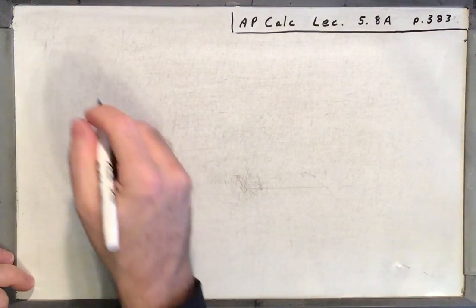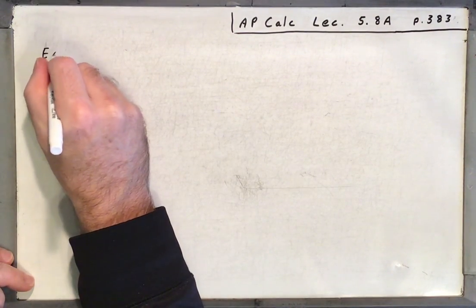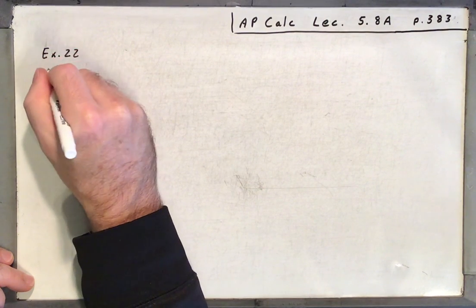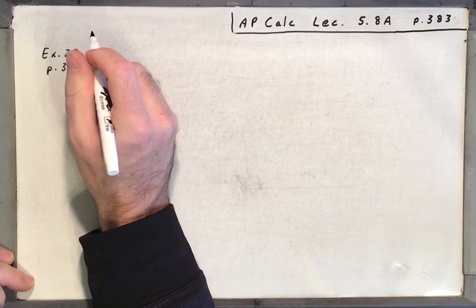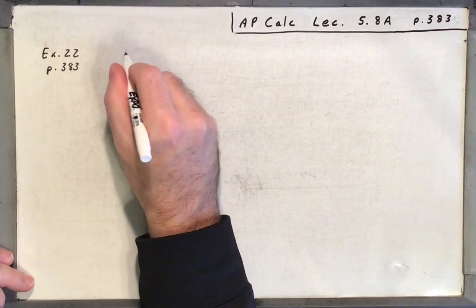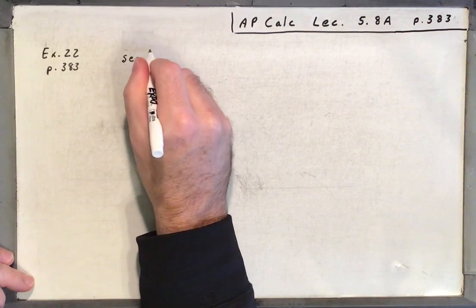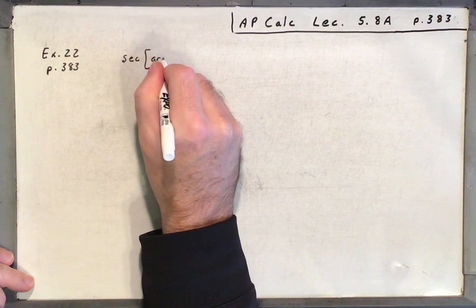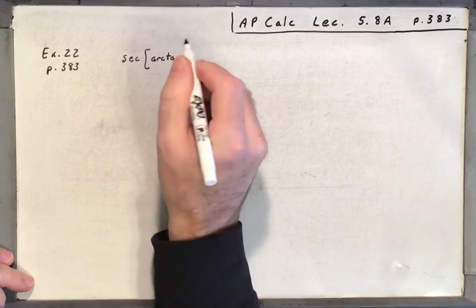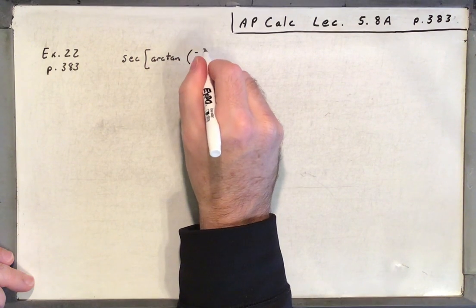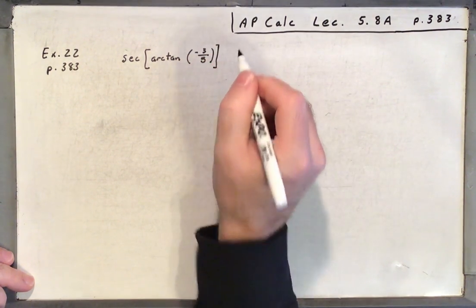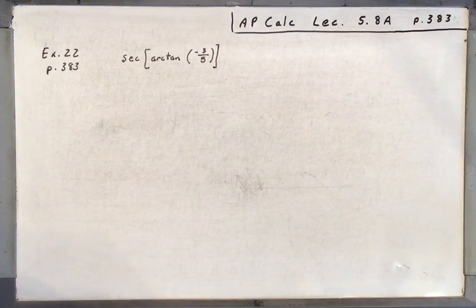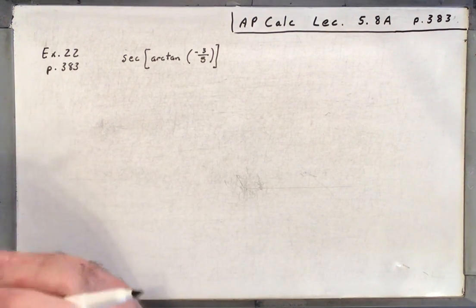All right, we are on example 22, still on page 383. Okay, that one wants us to take the secant of the arc tangent of negative 3 over 5. Now the way that I think through these, so we have negative 3 over 5.